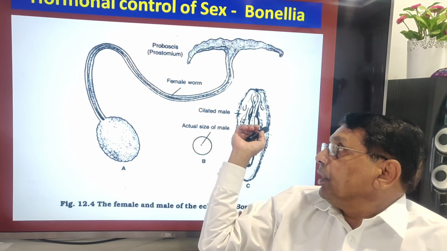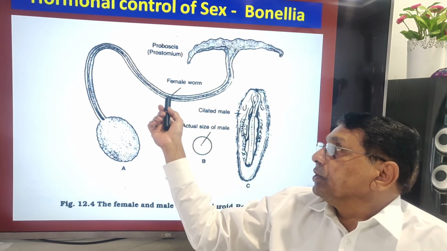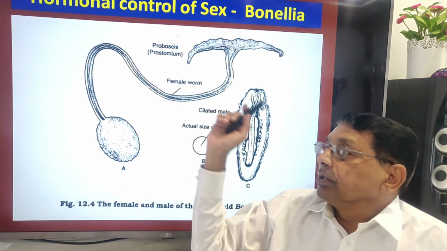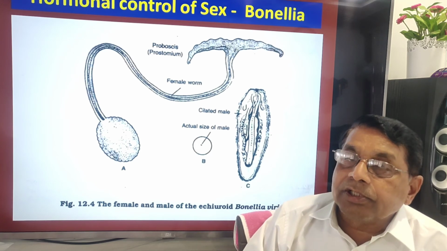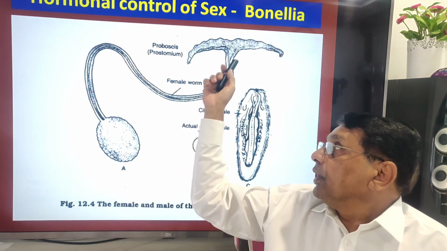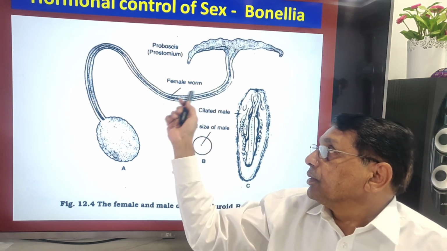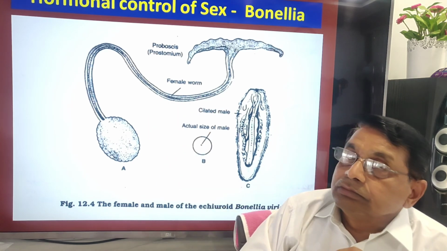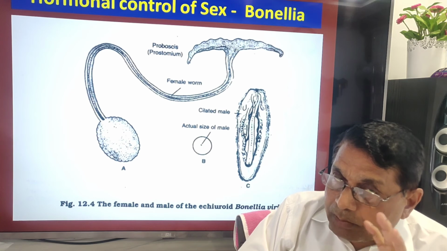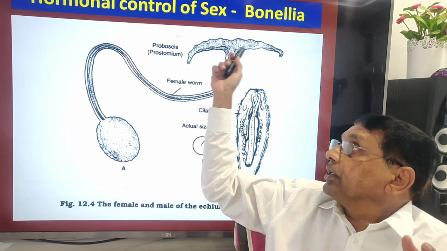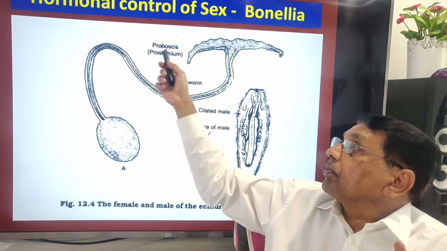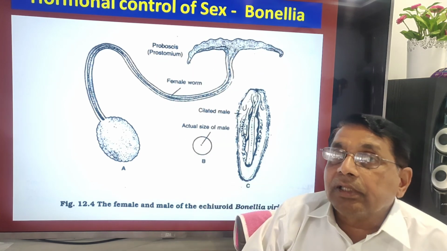If an undifferentiated one enters and settles here, it becomes male. Suppose some of the eggs do not lodge here, just like on the proboscis, they are free living, they become female.